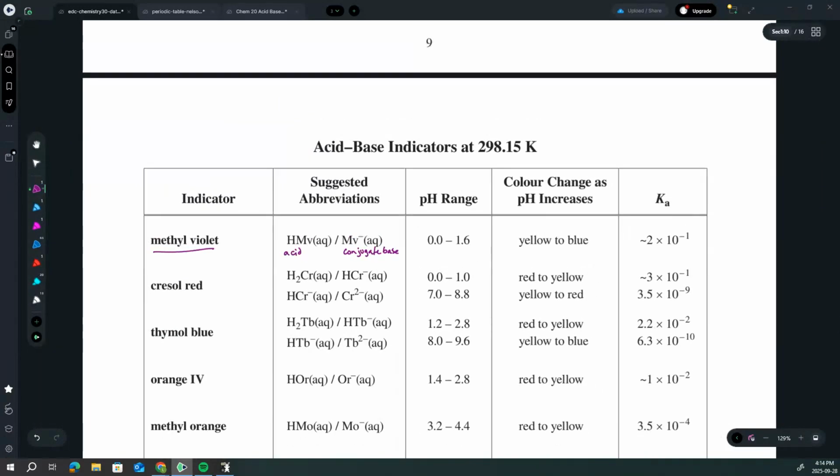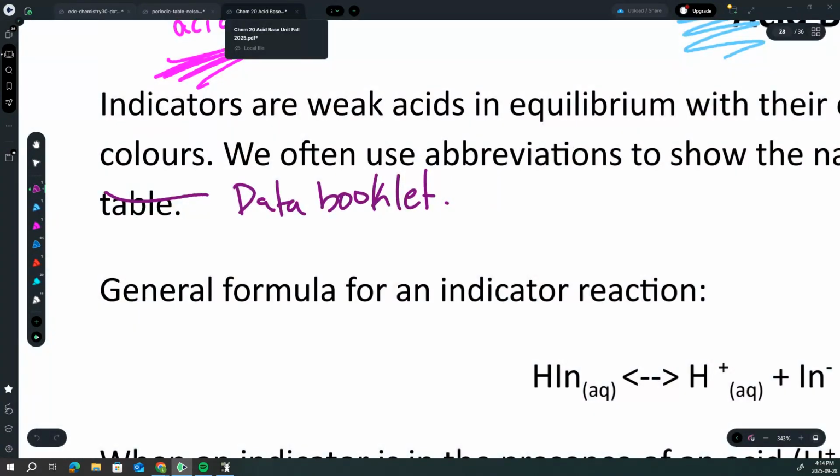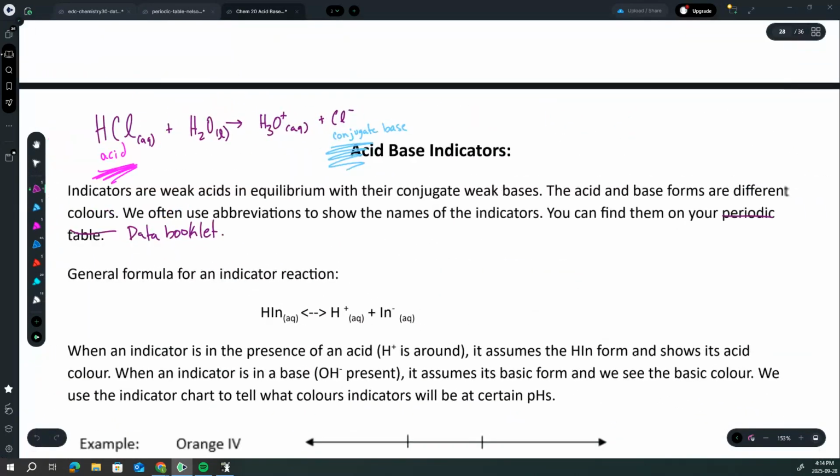Another thing you're going to notice here is that in addition to the abbreviations, we're given pH ranges and color changes. What is going to be important for us is to be able to tell how colors are going to change. So that means we're going to need to know our color theory.